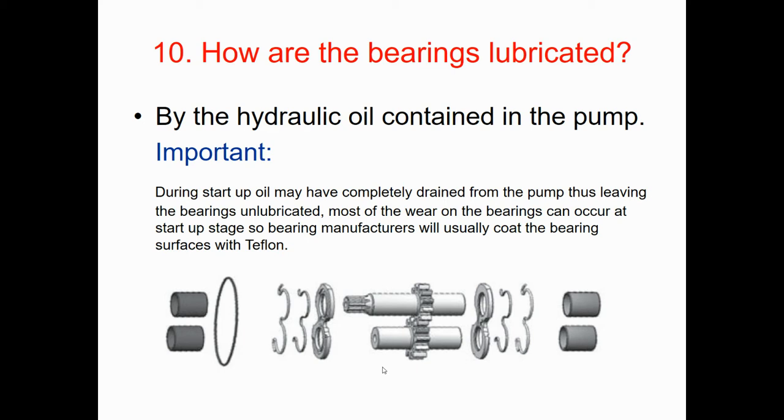So what happens is that we're going to have a moistened Teflon material layer, and when we start the pump the next time, the contact area between the shaft and the bearing from the inside is going to be wet, not dry, and thus we're going to avoid dry starting, and we're going to have a longer lifetime for the bearing and shaft.